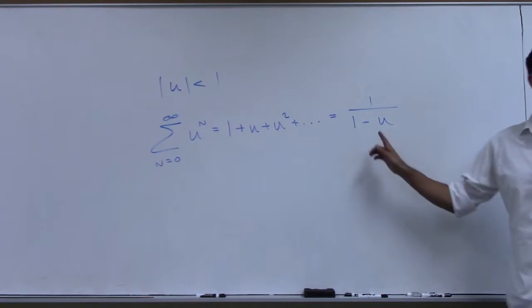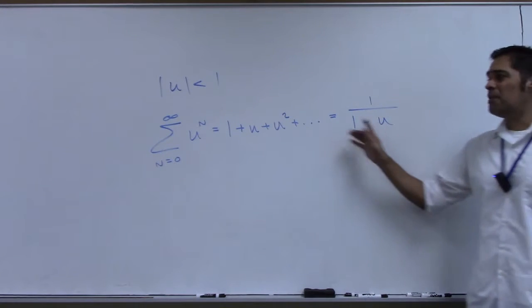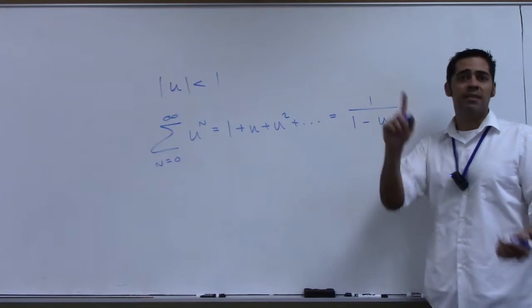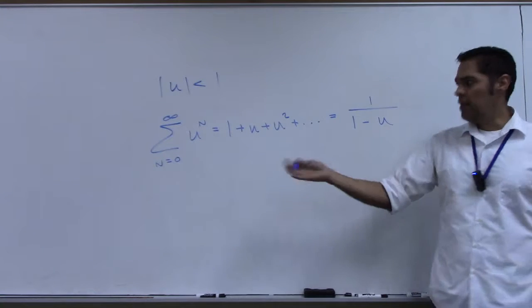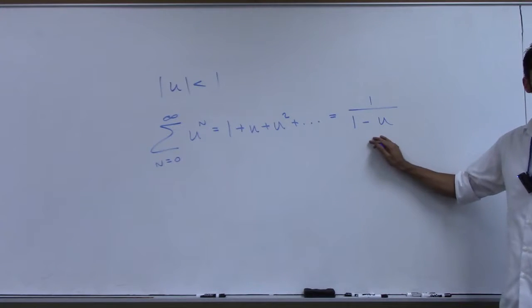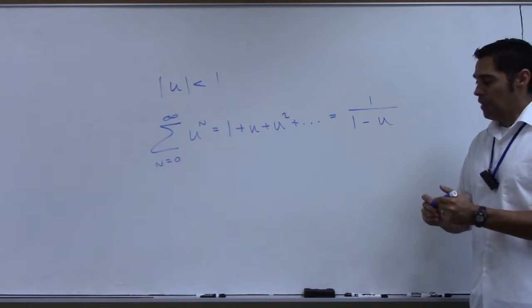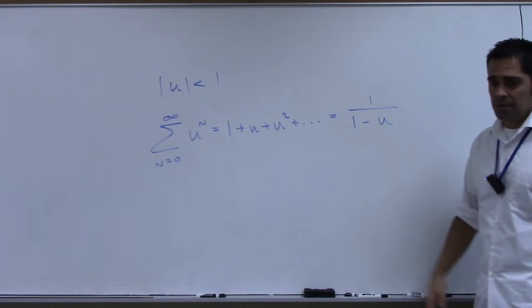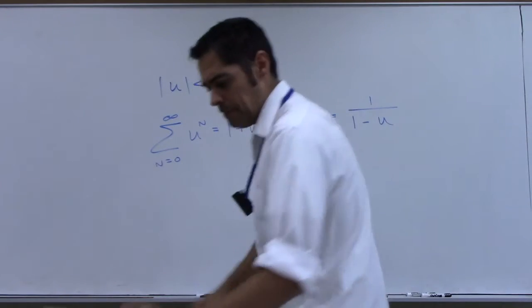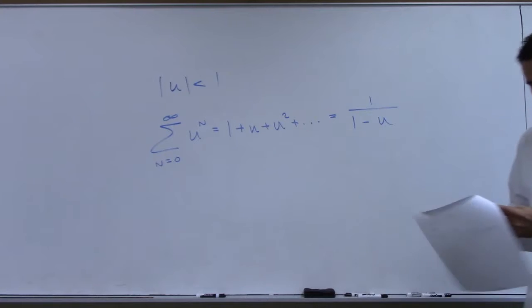That's geometric series. Here we're using u instead of r, and a is 1. All right, we know this is true. Yes, you agree? All right. With that simple formula, we're going to do some crazy stuff now, okay? All right, here we go.